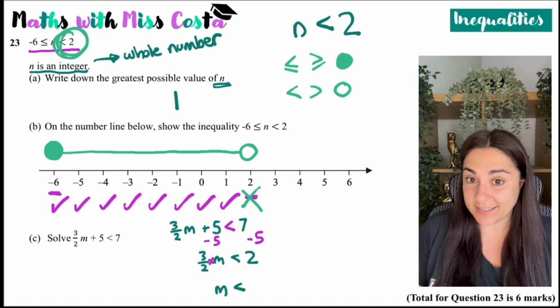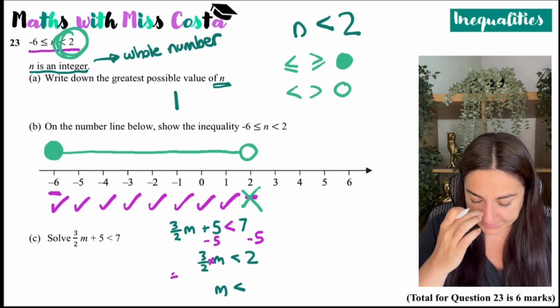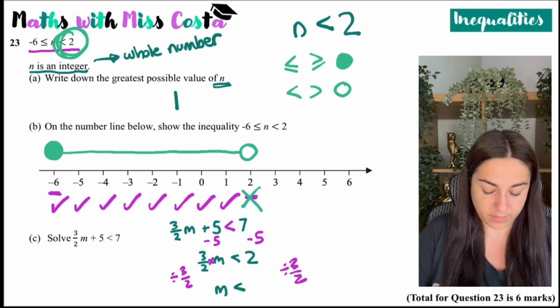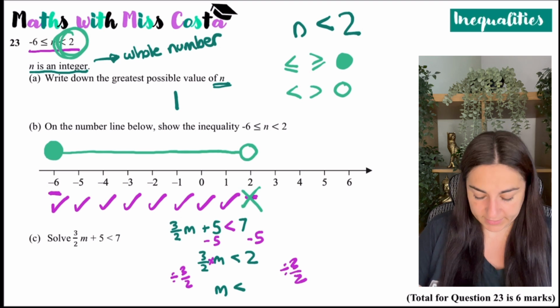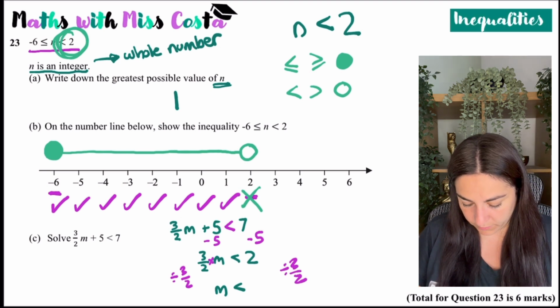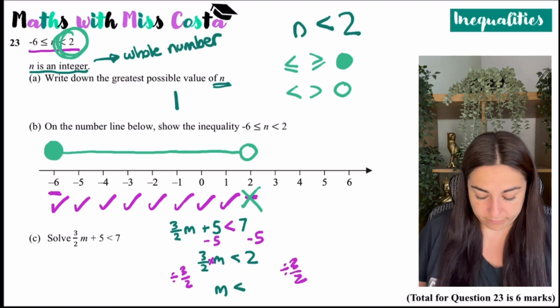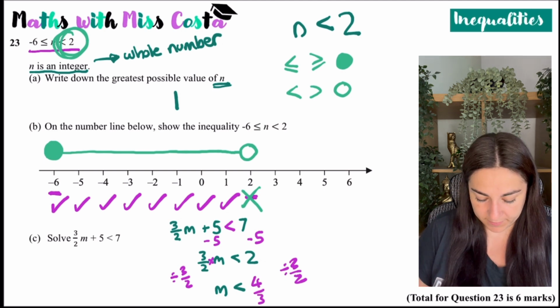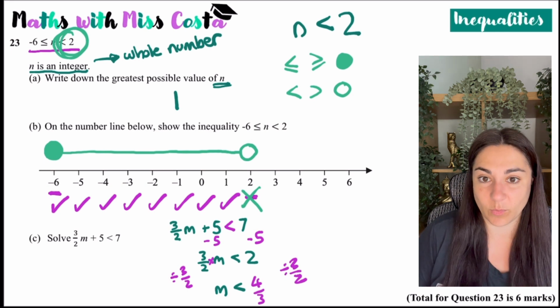And this is a calculator paper, which is why it's absolutely fine that you're having to do these trickier things. So 2 divided by 3/2 is going to give you 4/3. And that's all. So m is less than 4/3. If you kept this as an equal sign, then just remember at the end to turn it back into what the inequality told you to.